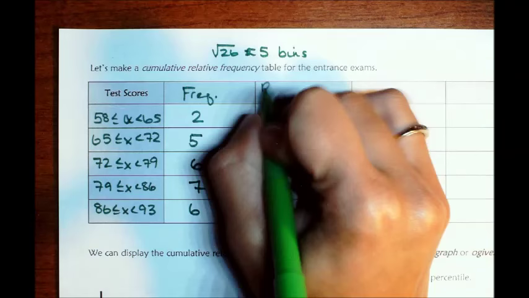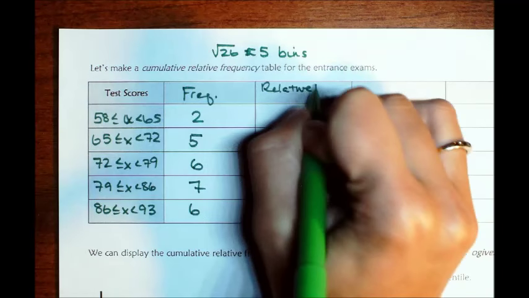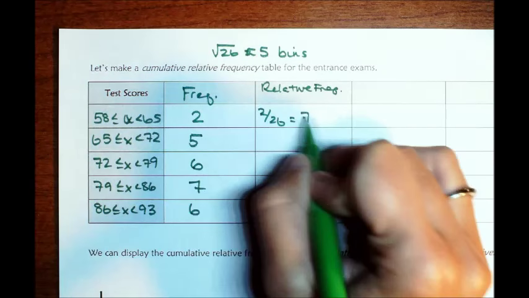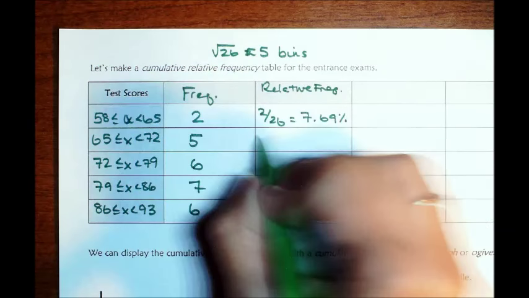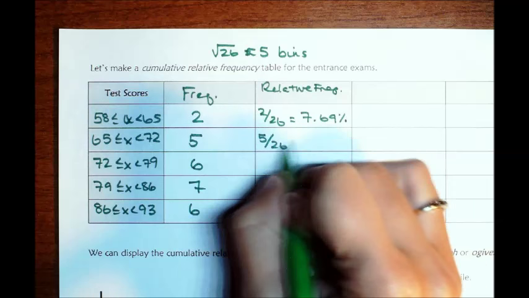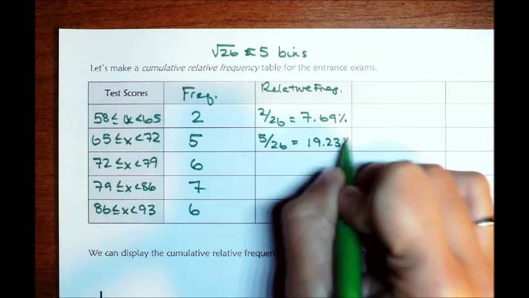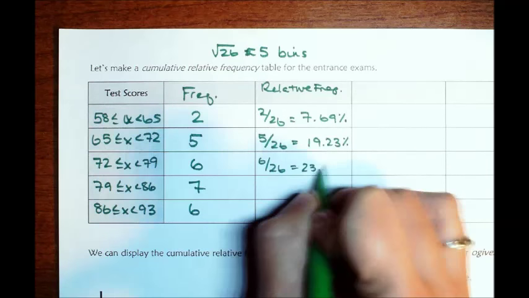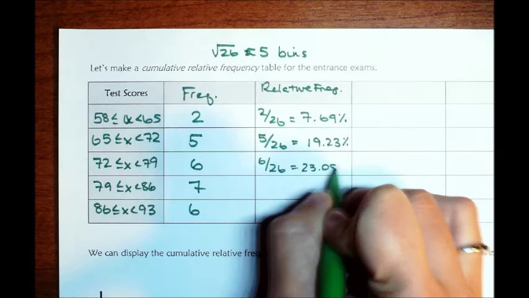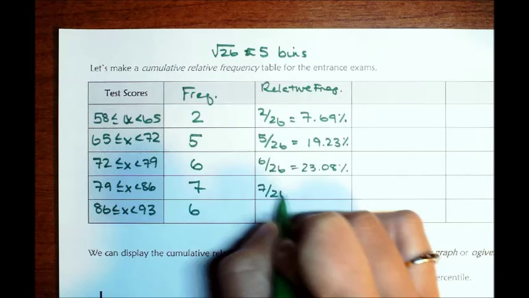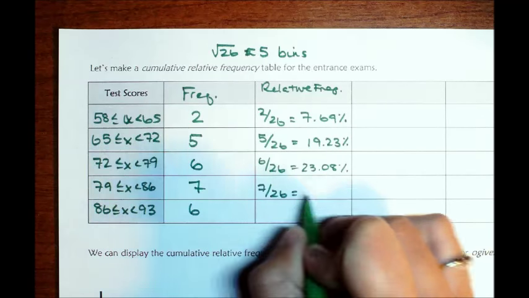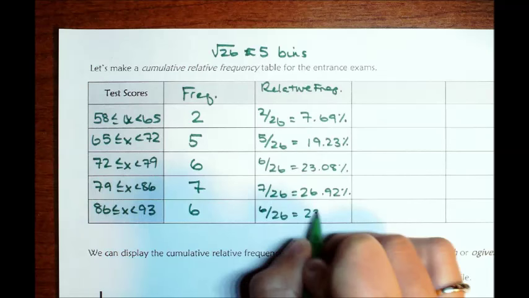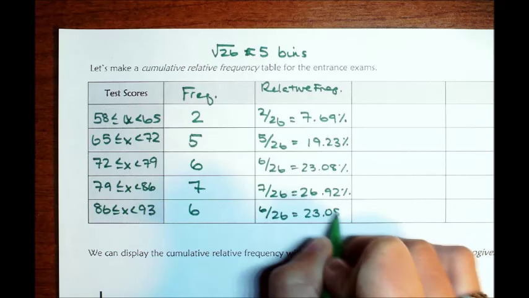We know that relative frequency is the percentage, so there was 2 out of 26, so 7.69%. 5 out of 26. So these aren't new.